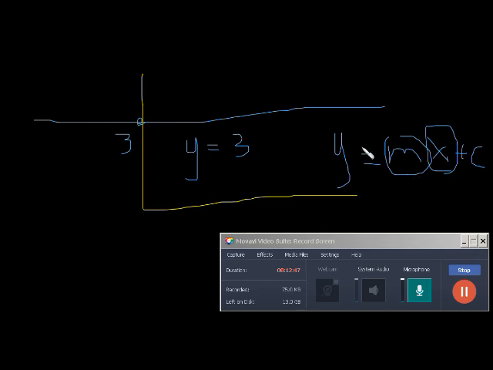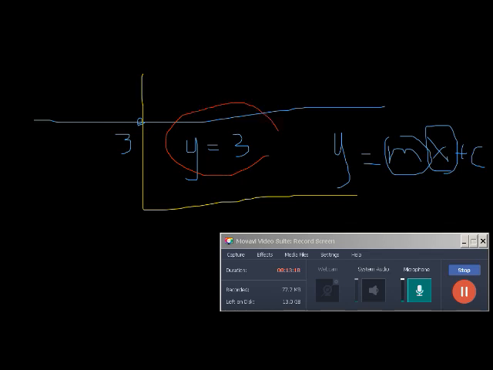Now we can see here there is no mx over here, no number multiplied by x, because the gradient is 0. So the simple rule to see whether the gradient is 0 or not is that any line which exactly horizontally cuts the y-axis, the gradient is 0.